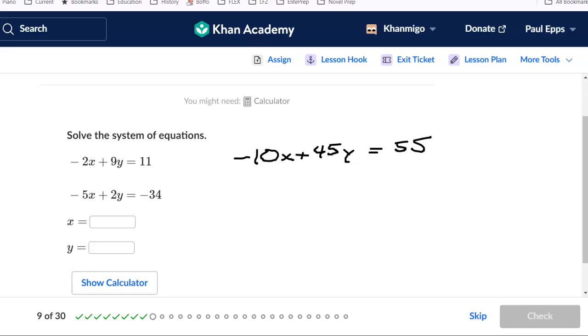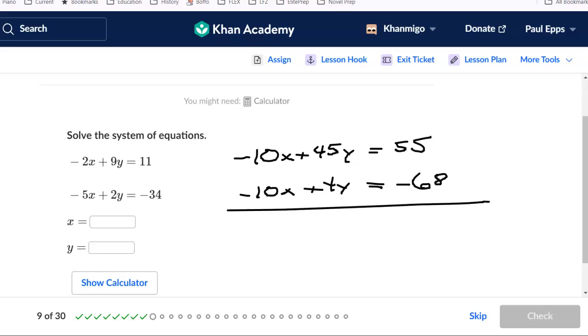Let's multiply this one down here by 2 on both sides. We'll get negative 10x plus 4y equals negative 68. All right, and then subtract.